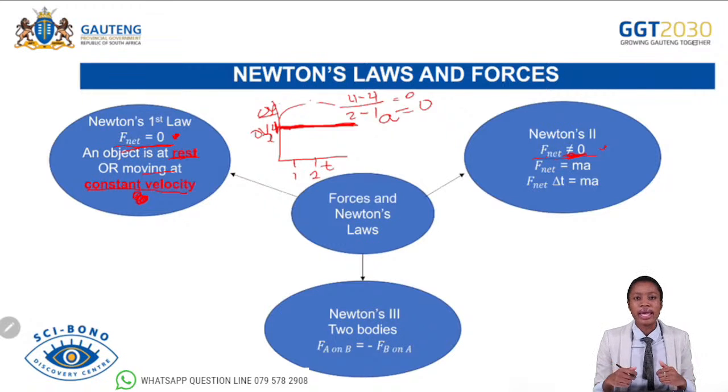So in the third law, we are told that we have 2 bodies that exert forces on each other, but they act in opposite directions.